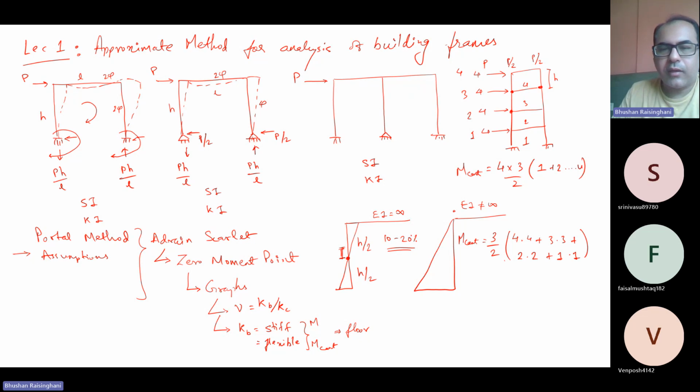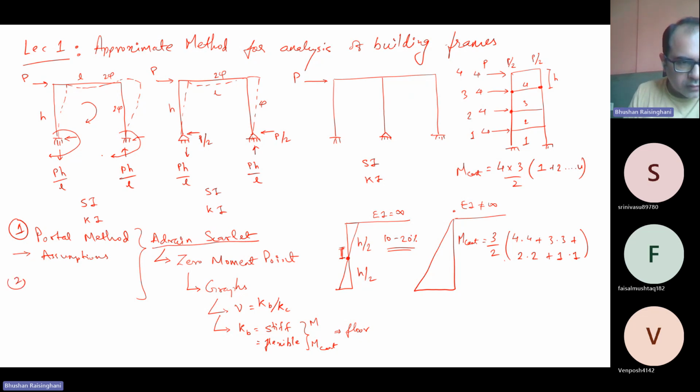Only thing is this part, M cantilever, how the approximate method in the Adrian Scarlett book is calculated. That reflects more similarity with the software results. So one is we will be doing with the routine textbooks, that is the portal method in which the zero moment point is at h by 2 distance, and we will also do the portal method using Adrian Scarlett. This is also approximate.